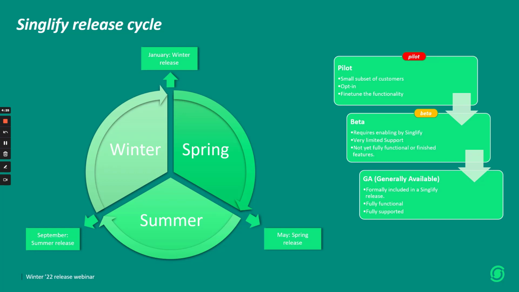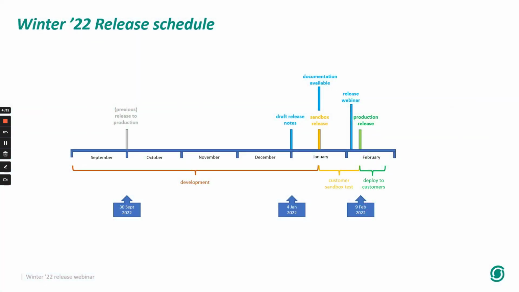For the Winter 22 release, we are working according to the schedule, which repeats 3 times a year. As you can see, we've been developing the release for just over 4 months and then have deployed it already to customer sandboxes. We're now ready to start deploying it to customer orgs on February 9th. On the top, you can see the main milestones that we've reached.